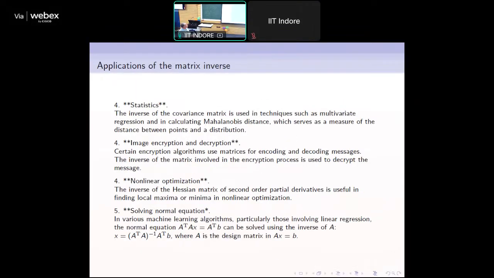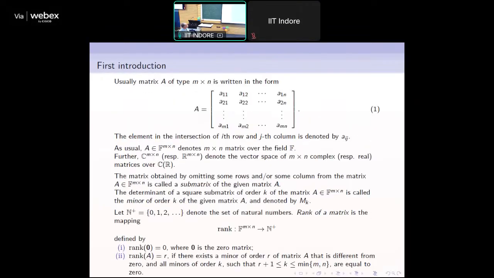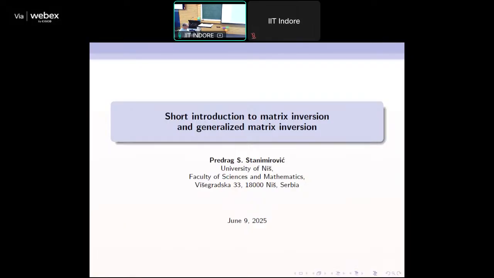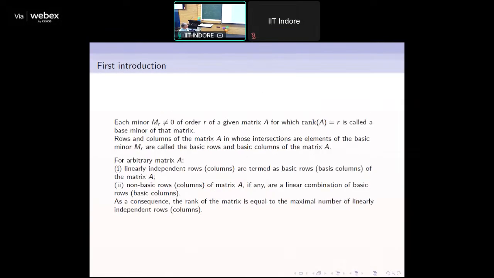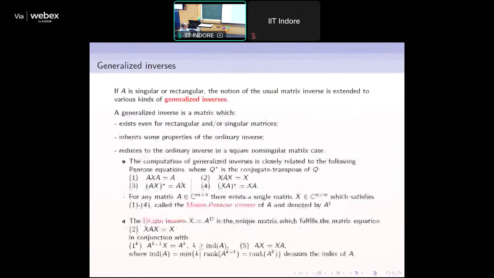Then the equations which define the weighted Moore-Penrose inverse will be different. There are these definitions.